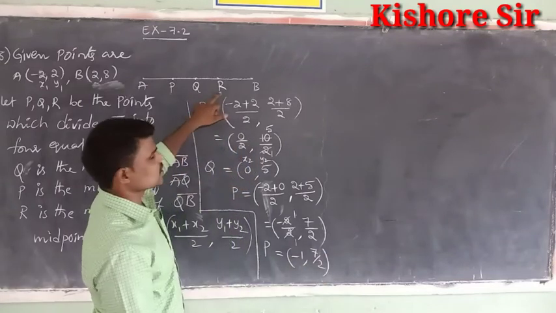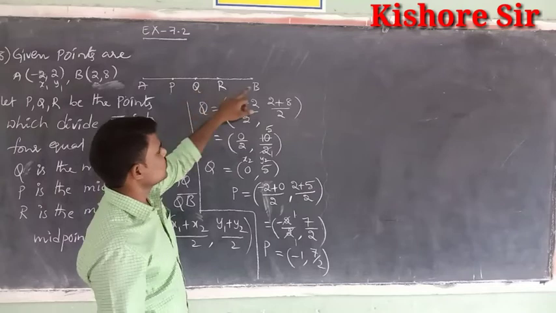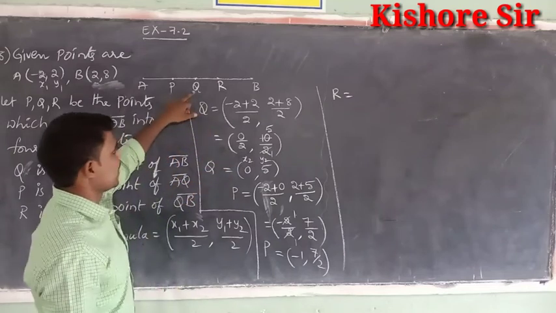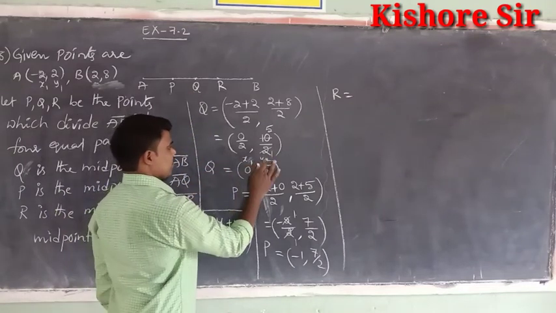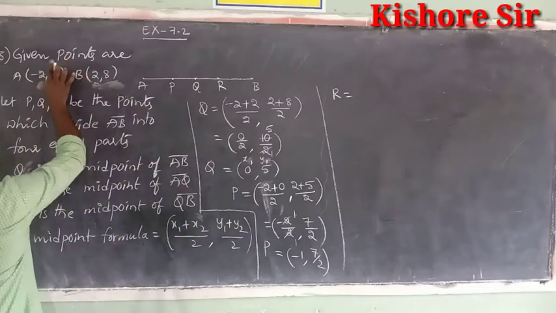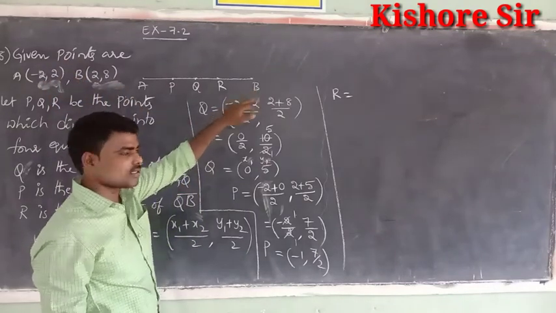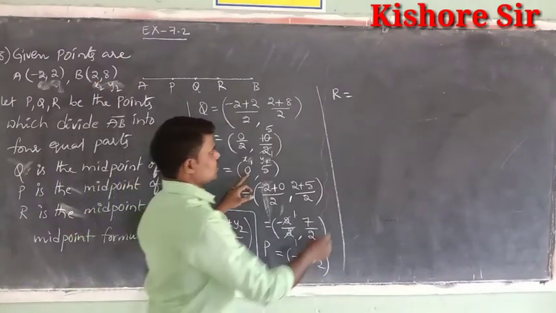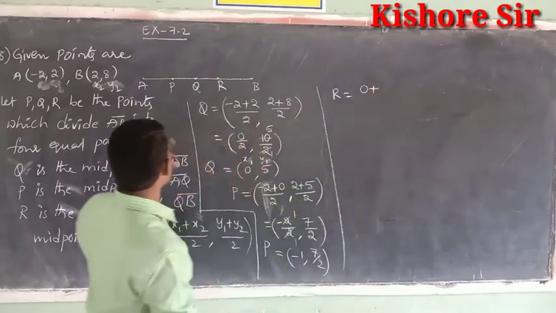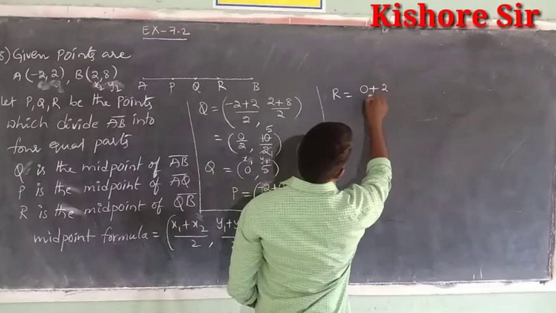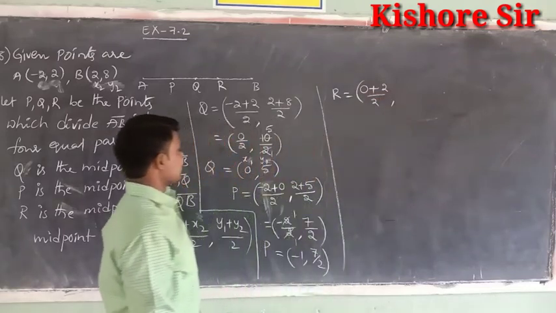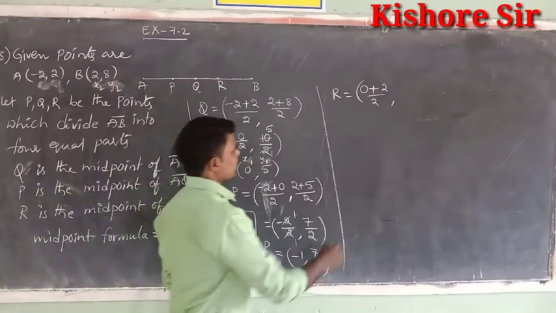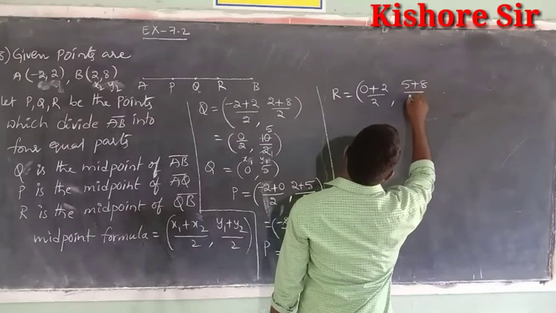Next, the final point is R. R is the midpoint of QB. So the first point Q is taken as x1, y1 and the second point B as x2, y2. So x1 plus x2 by 2 is 0 plus 2 by 2, and y1 plus y2 by 2 is 5 plus 8 by 2.